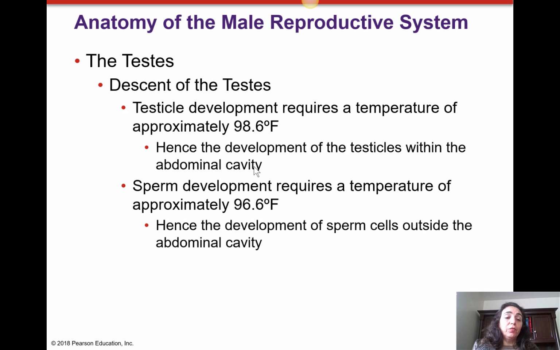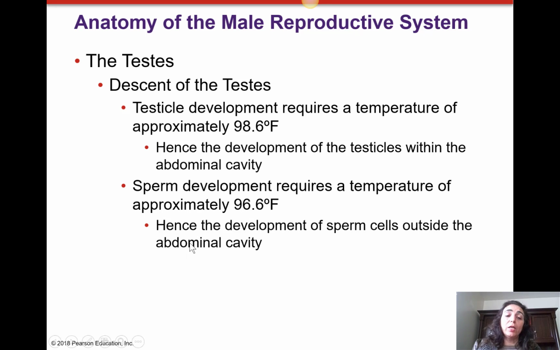But after the testes develop, when we want to start development of the sperm, it requires a temperature of approximately 96.6 degrees Fahrenheit. So it's about 2 Fahrenheit degrees less than the core temperature.